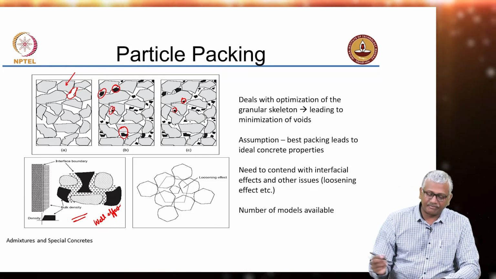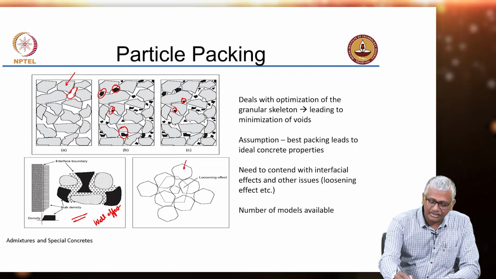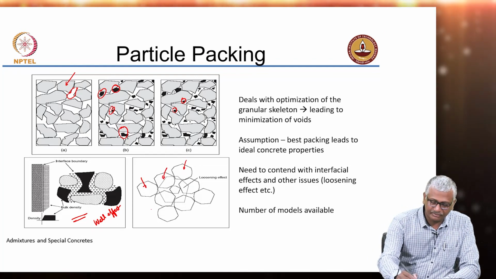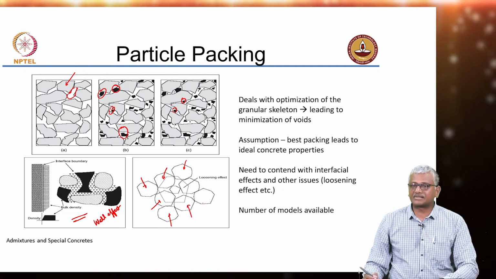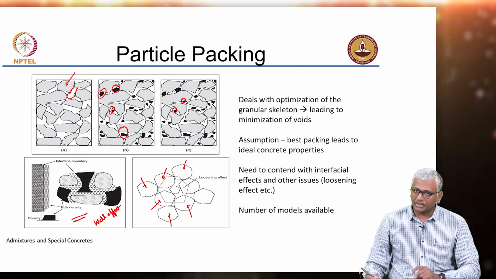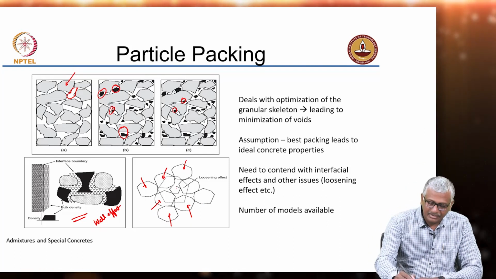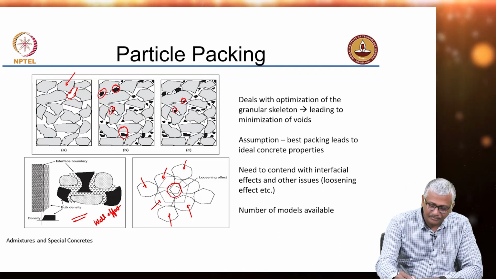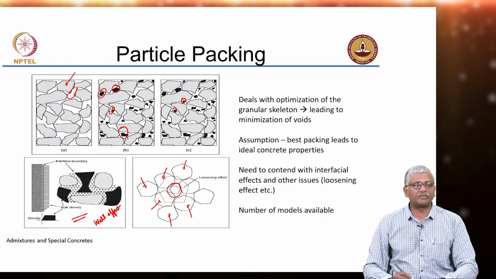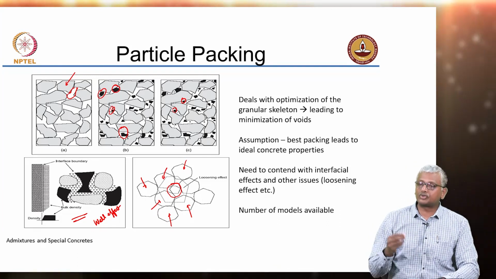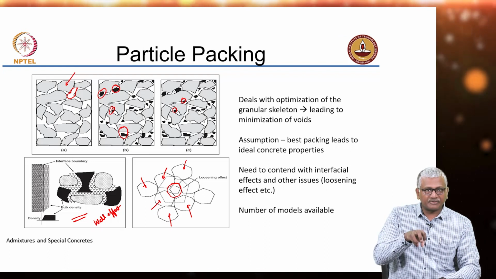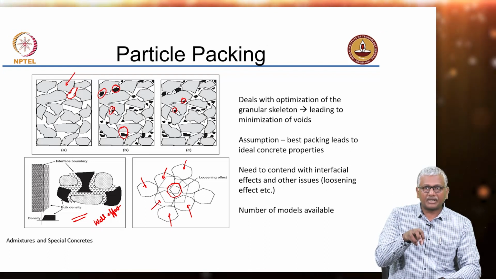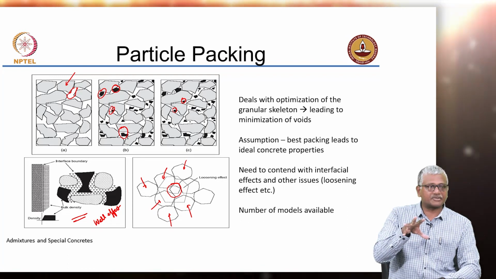The other is the loosening effect. Now you have these larger particles which you have put into your system. If you choose the size of particles smaller than that in such a way that the size is slightly larger than the gap that is available between the particles. Alternatively, if you choose so much of the small particles that they now don't have sufficient space in that gap, they will start pushing out the larger particles.